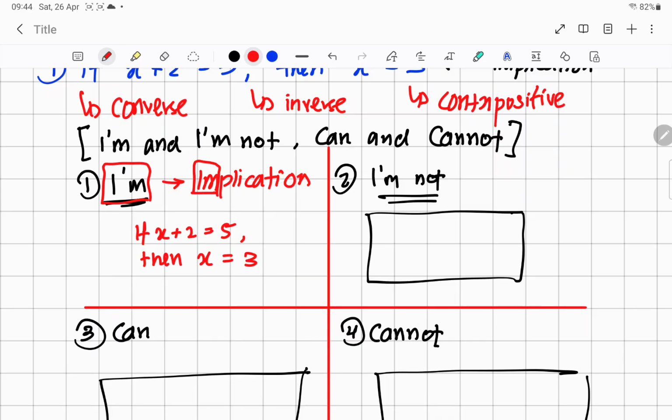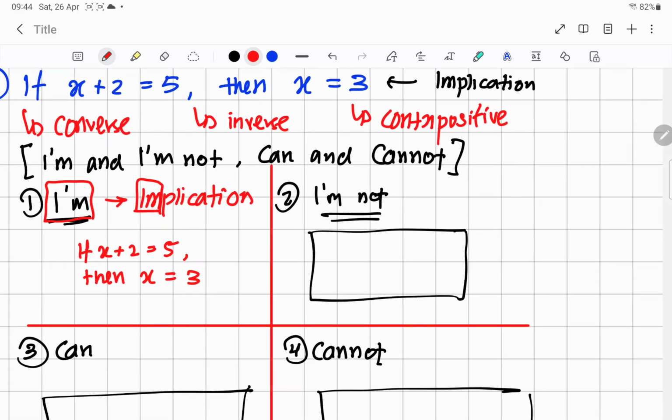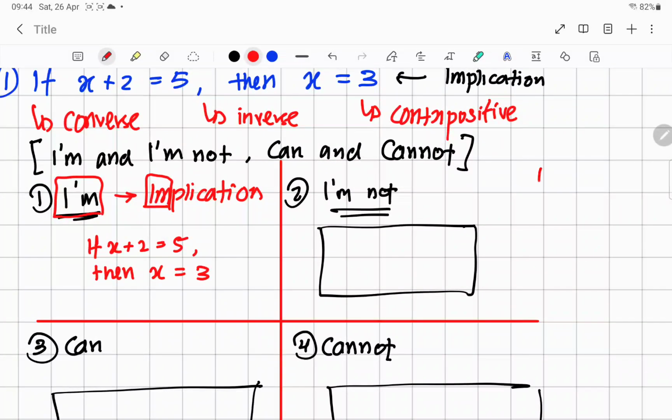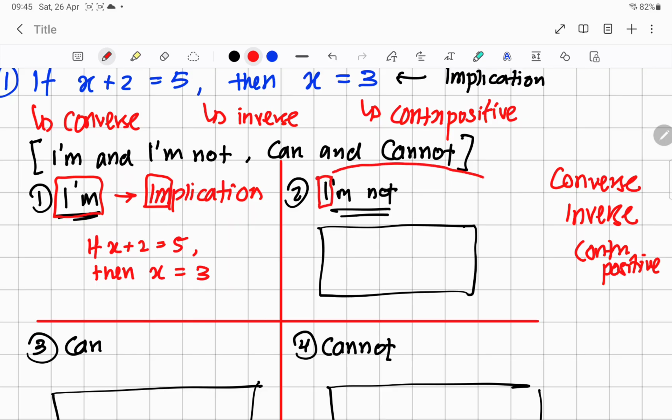This is your answer for implication. Next, I am not. Remember we have converse, inverse, and contrapositive. I am not refers to the inverse. So this is your inverse.